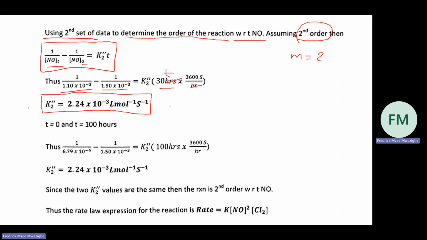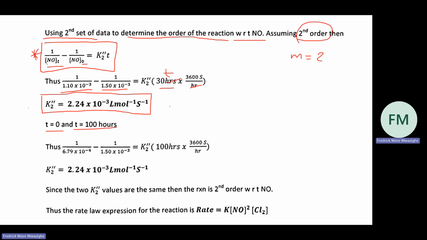So that is using one set of data for the NO experiment. Now we consider the values of concentration at T equals 0 and T equals 100 hours, and we use our second order expression and find out what value of K2 prime we get.